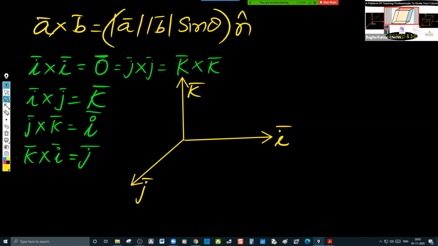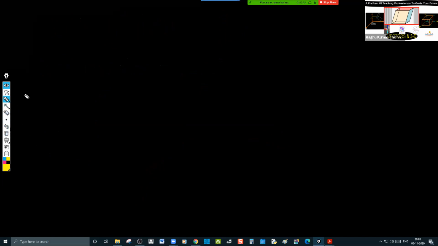This is an important thing to be understood, and based on this only, you will have the working rule for the cross product. So let me revise the working rule for both.